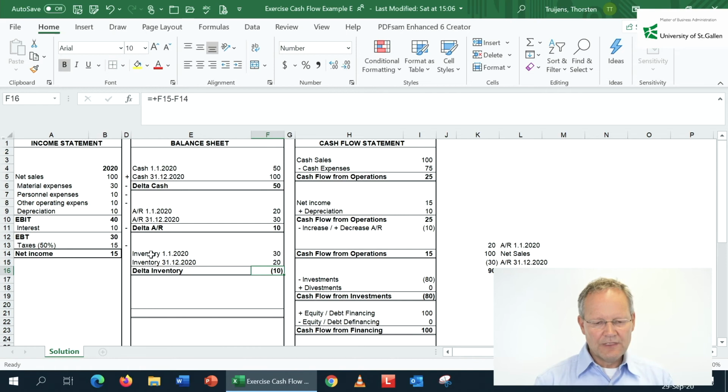Okay, so let's understand what the 10 actually means. Let's bring in the world of the grandmother in simple terms. Let's assume that you have 30 bottles of beer in your fridge on the 1st of January. Then you drink 30 bottles during the year 2020.